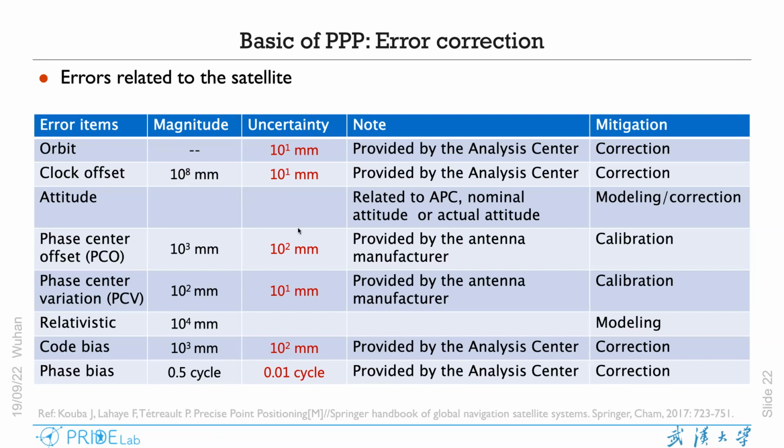And then we have the antenna phase center offset, and this can be up to 10 centimeter errors, because the phase centers can change in space, because of the space environment and because of the consumption of power and fuel within the satellites. That will change the center of mass of the satellite, and that will in turn change the phase center offset of the satellite antennas.